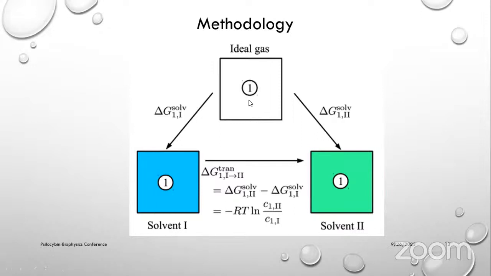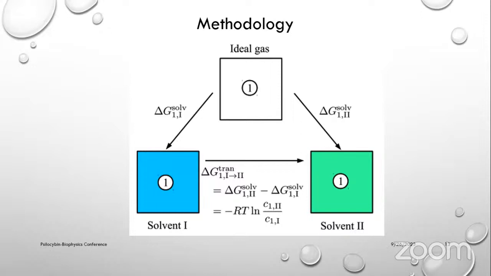The Gibbs-free energy of transferring the drug from the ideal gas to solvent 1 tells you whether the drug prefers to interact with the solvent molecules or not.